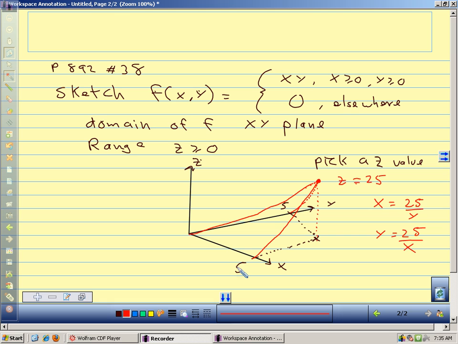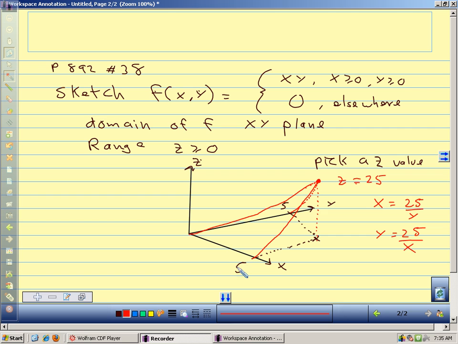The way I think of this one is if you had a piece of spandex fabric and you grabbed it right at that point, x equals 5 and y equals 5, and picked it up, and it's attached to the x and y axis.